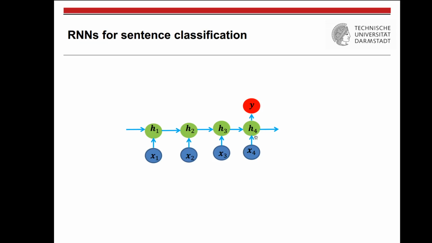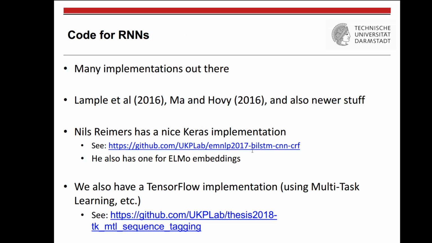And in this case, bear in mind that we would use the last hidden layer as basis for the label, because in the last hidden layer we have seen the whole input sequence. So these are two model application scenarios of RNNs.